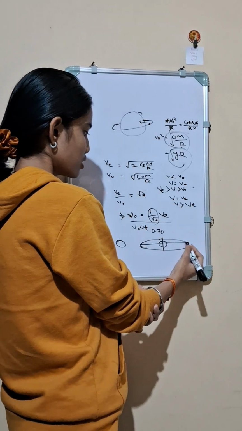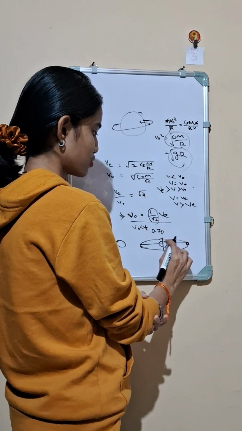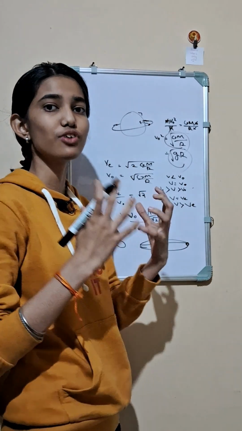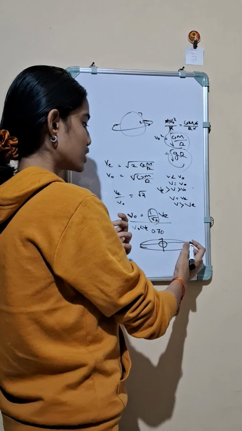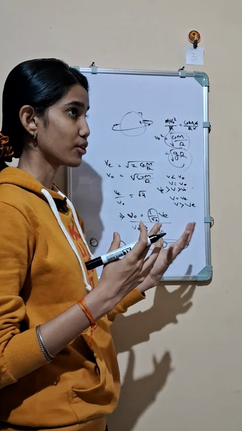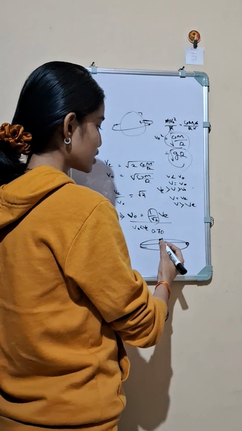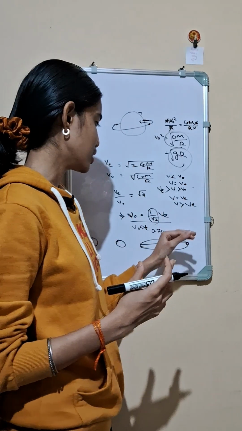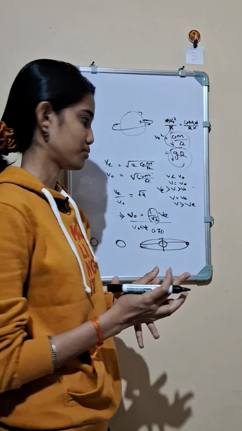Here, at the point where Earth is farthest from Sun, it has a smaller velocity, but when it is nearest to the Sun, it has a higher velocity.